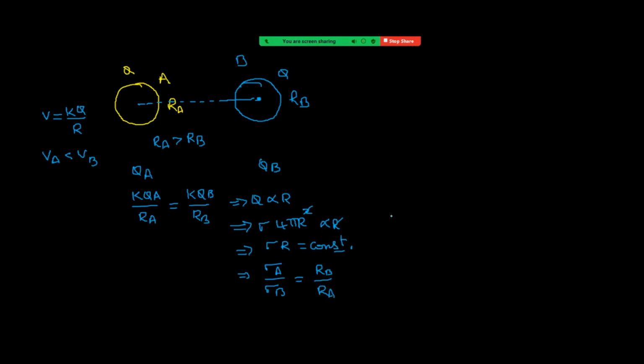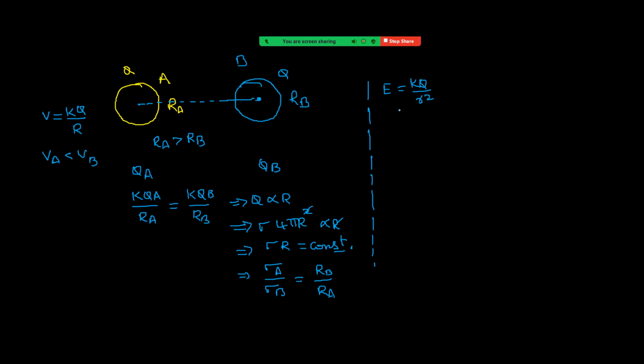Next, focus on the fourth option, the electric field on the surface. When you are taking the electric field on the surface, or just outside, it is just like due to a point charge. Field is KQ by R square, right?